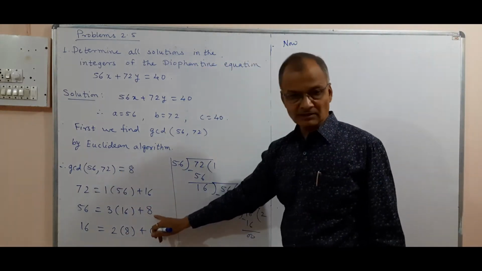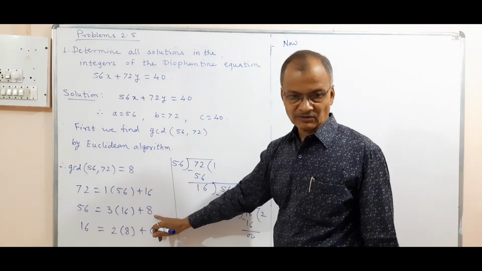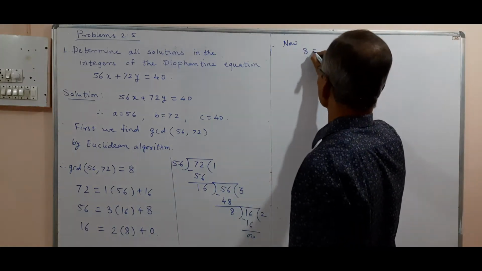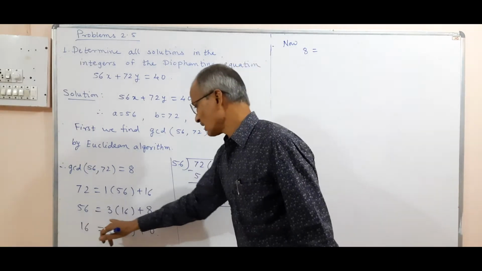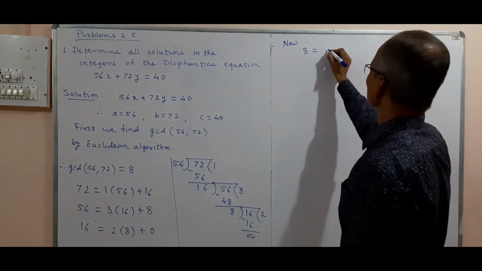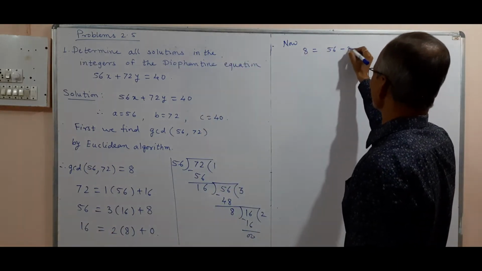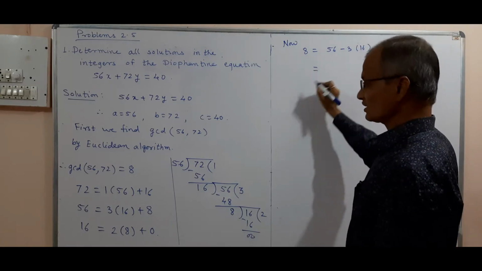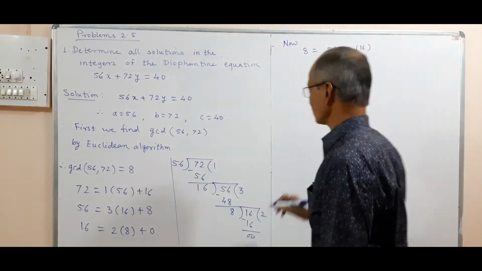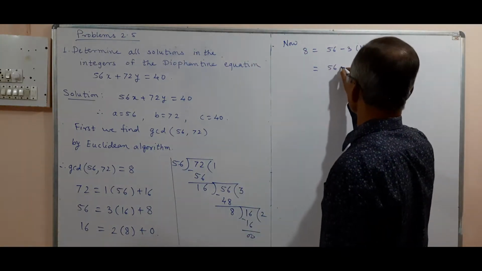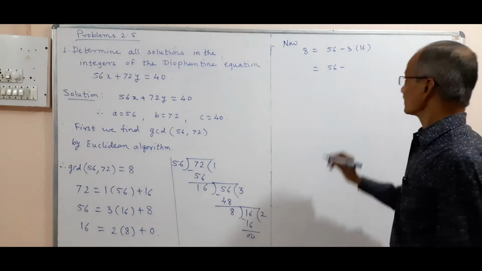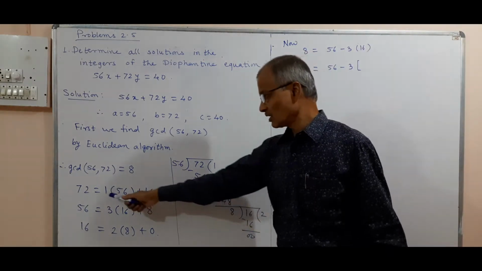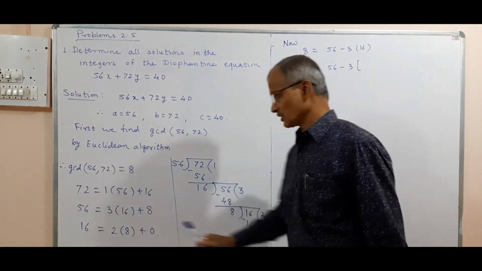Now the second last equation we have to consider, and 8 can be written as 56 minus 3 into 16. We have to write it as it is without multiplying the numbers, keeping 56 as it is, and minus 3 times 16 is to be expressed from the first equation, 72 minus 56.